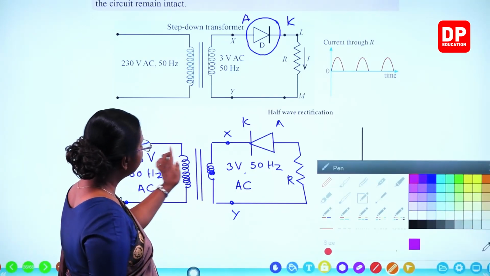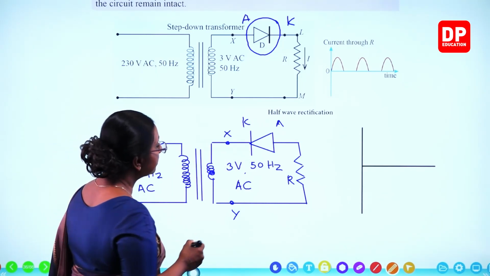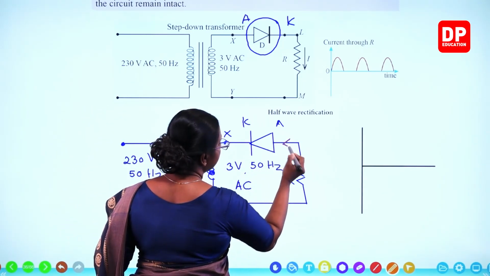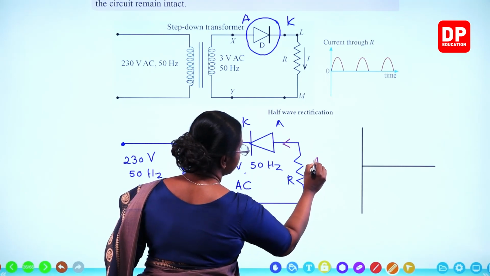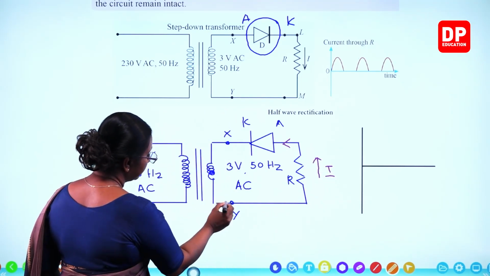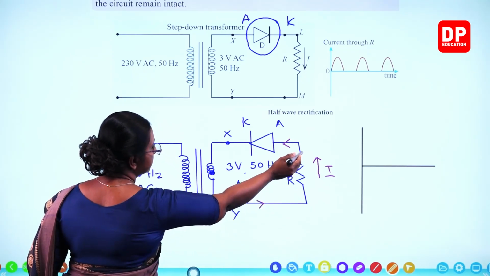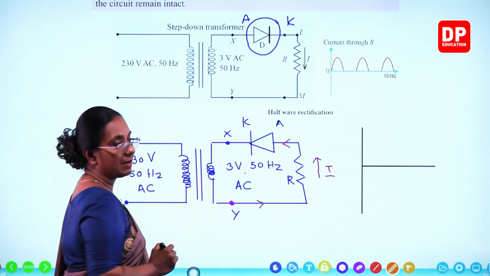Now when the current is like this, the diode is here, the current can only flow in this direction. So when current comes to point Y, it can flow through the resistor, through the diode and come back.